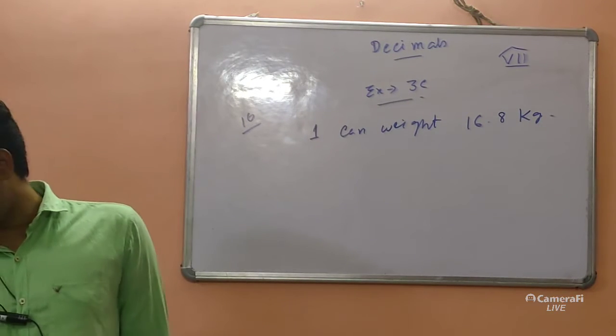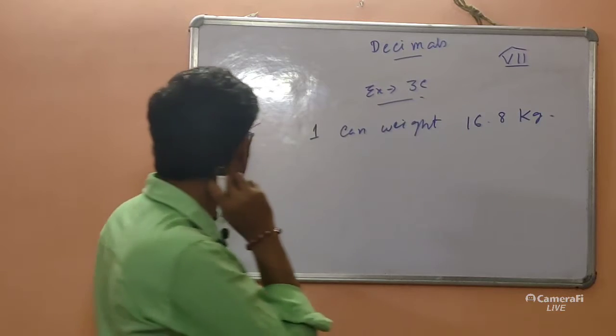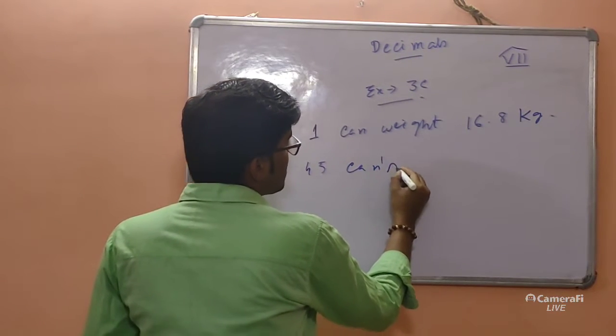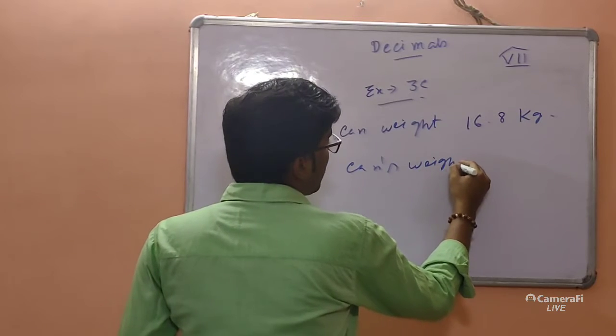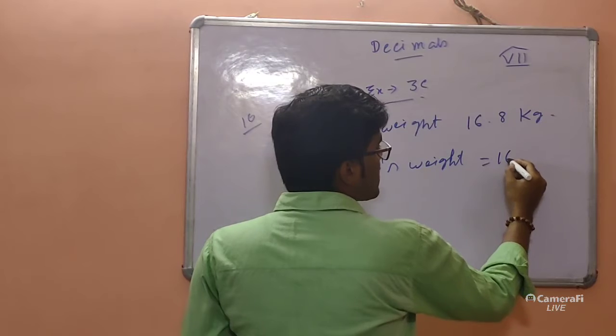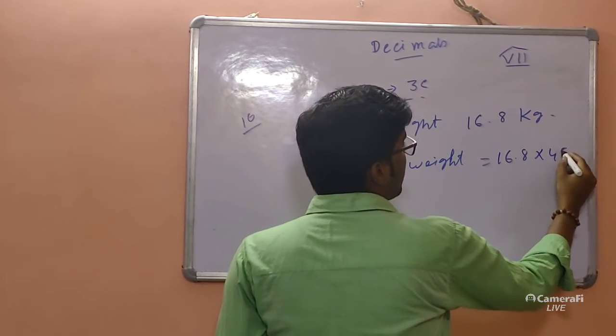What is the weight of 45 such tins or cans? Now tell me, 45 cans' weight will be more, right? More means multiply. That means 16.8 multiplied by 45.